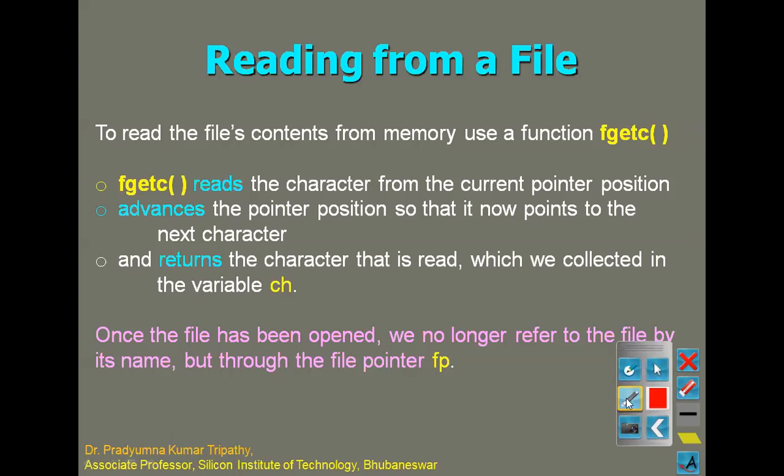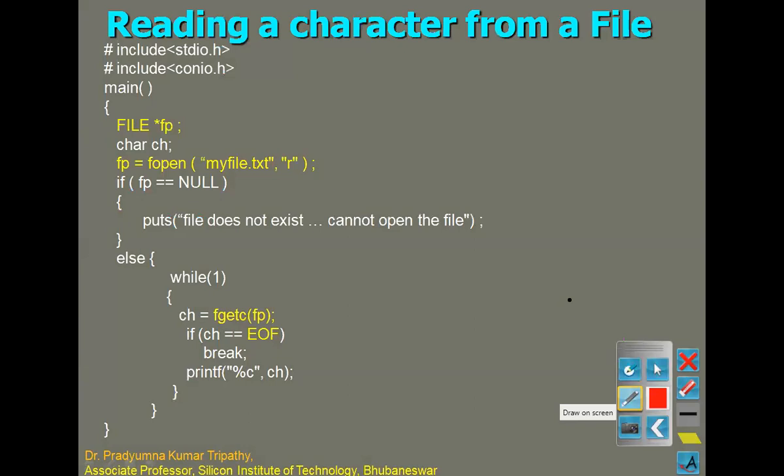So let us go for this example. Look into this example. I have a file pointer fp. Through the file pointer, I open a file in reading mode. Do remember, if I am opening a file in read mode, it means that the file already exists. I just want to read the content.